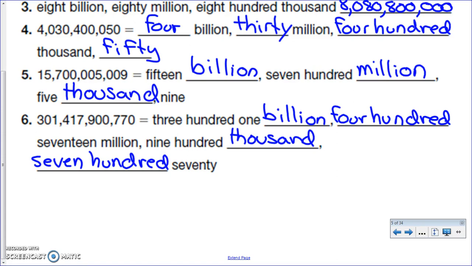So altogether, we have 301 billion, 417 million, 900,000, 770. So that is standard and word form.